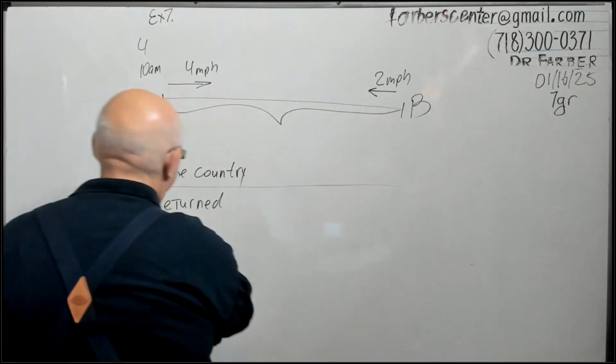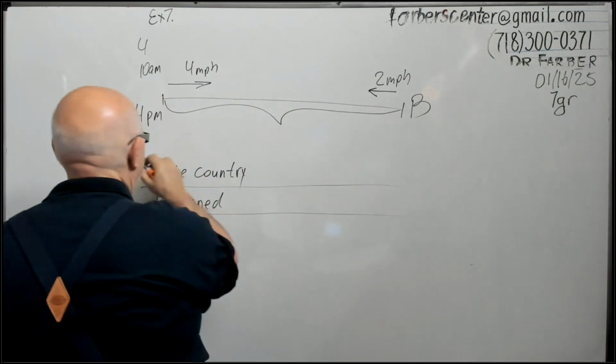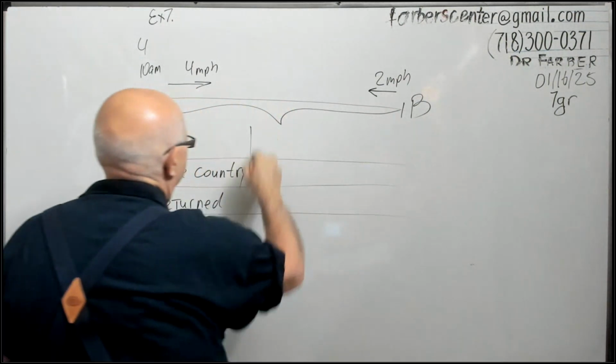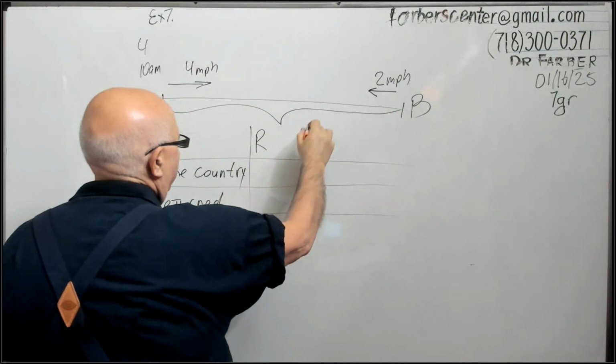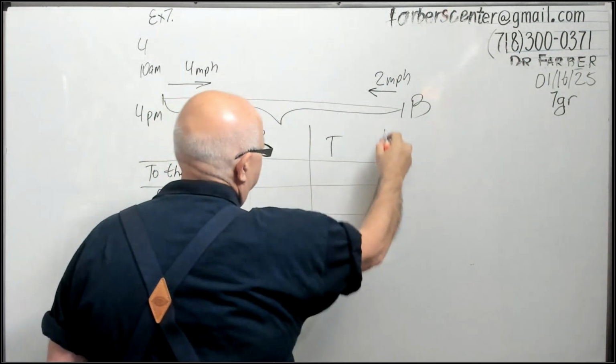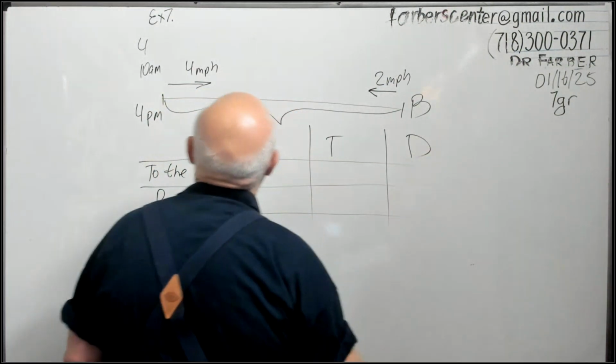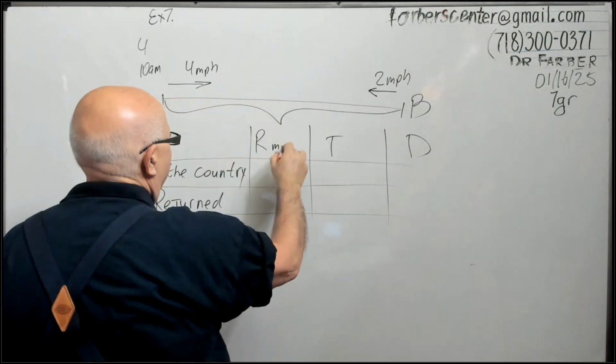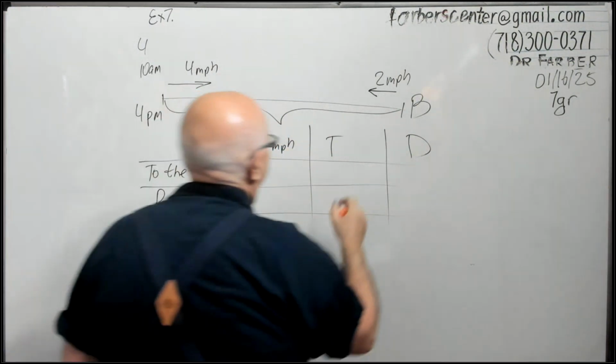Two attributes: rate, time, distance. It is not bad to put the unit of measurement, because sometimes they confuse you with different units.